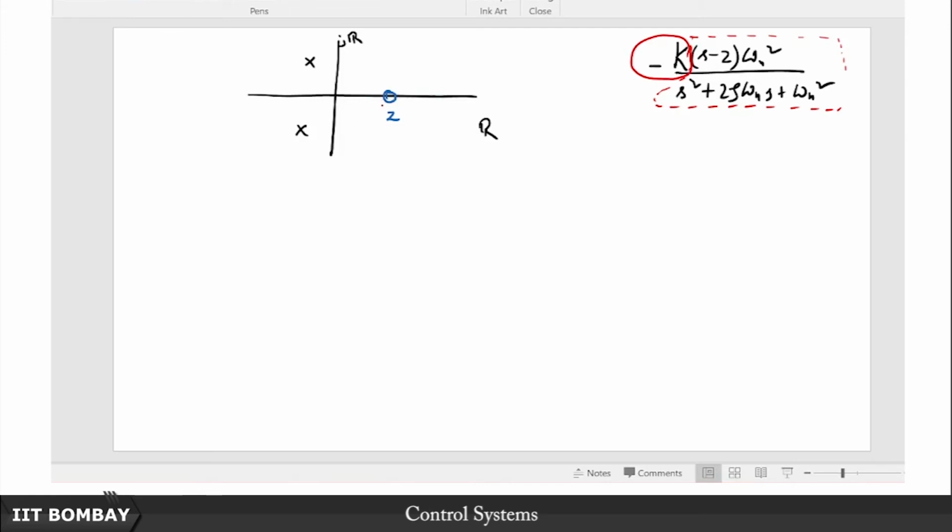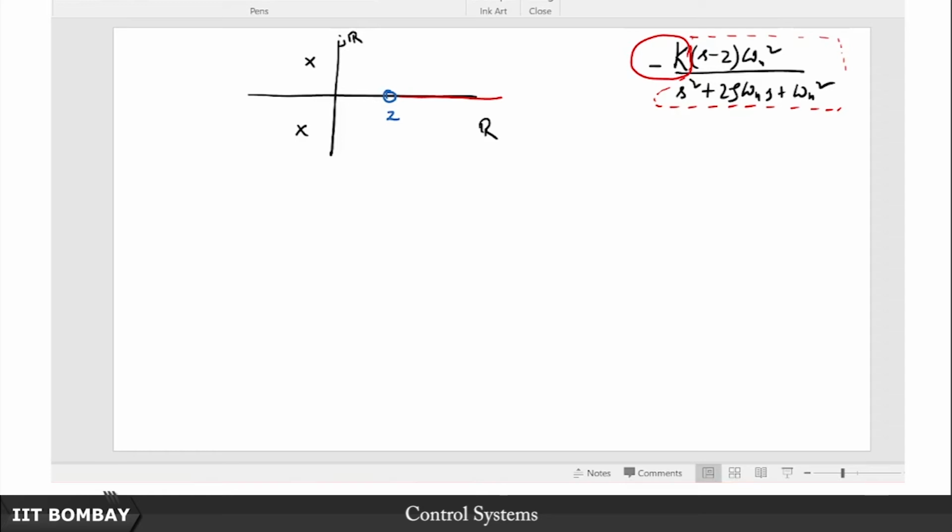So 0 is considered an even number, as I pointed out the other day. So therefore, you see the part of the real axis that is to the right of all these poles and zeros, this will be part of the root locus, but to the left of this 0, no part of the real axis will be a part of this root locus, right?